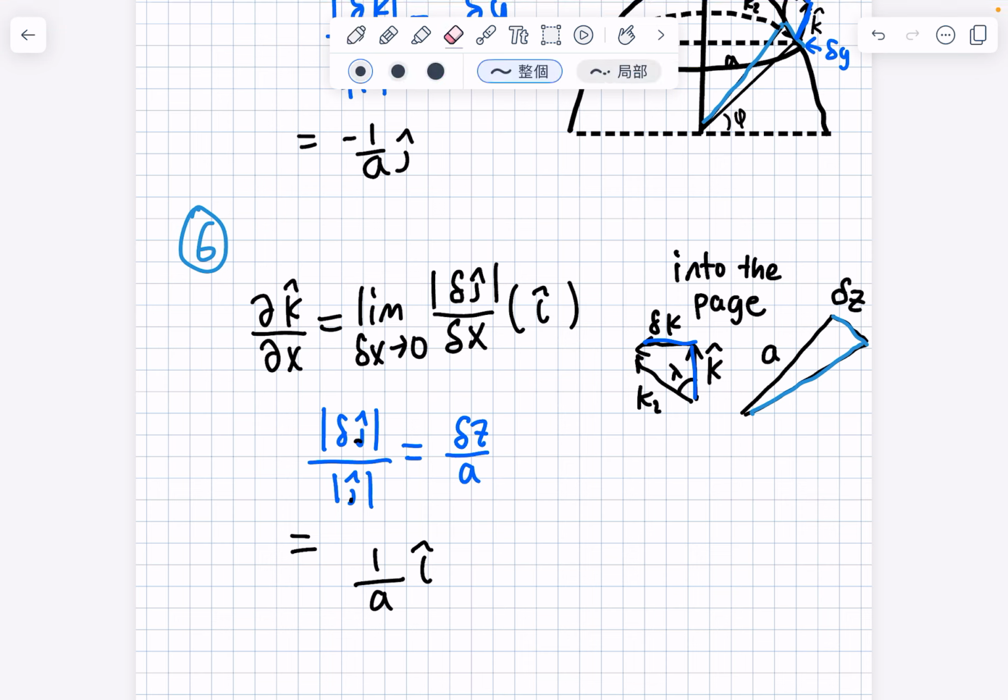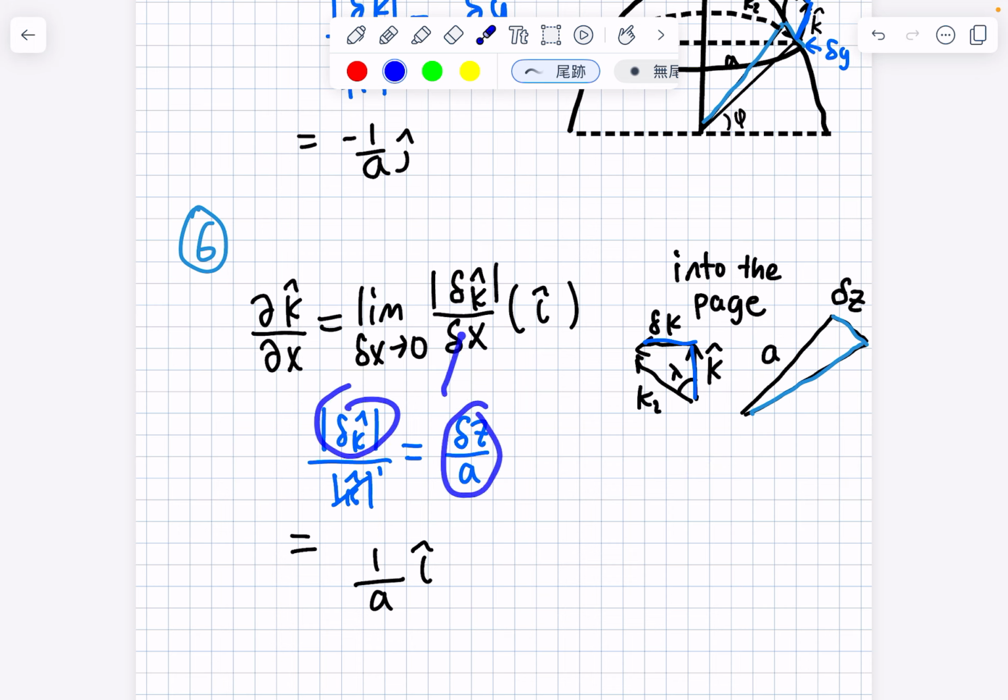This is delta k over k, which goes to 1, and the magnitude of delta k divided by the magnitude of k is equal to dz over a.